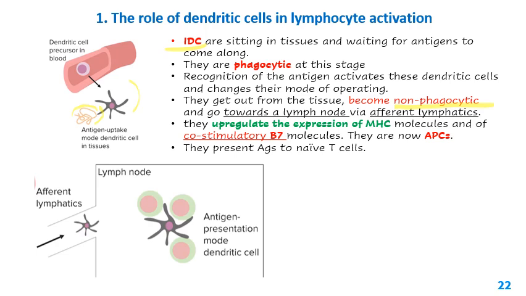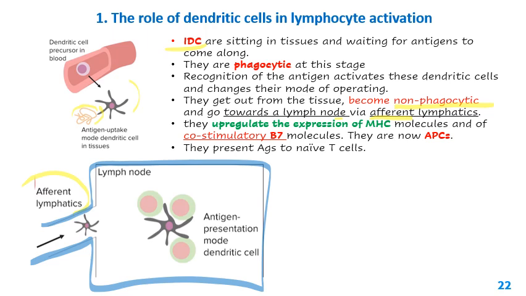They enter the lymph node by the vessels called afferent lymphatics. Imagine that this square thing right here is a lymph node.